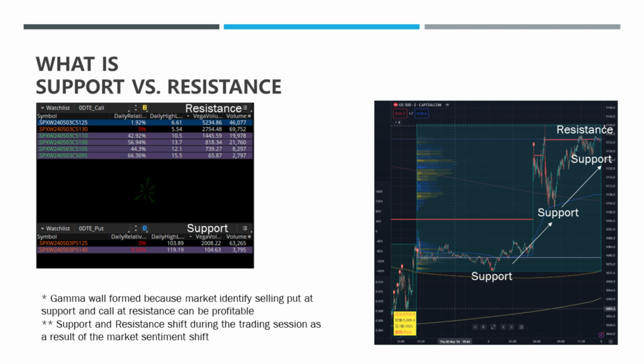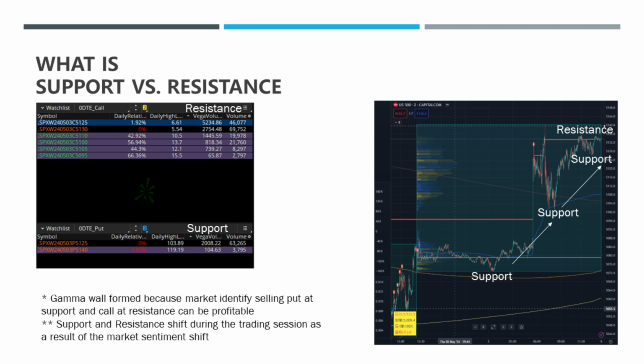Essentially, I just look at which one has a higher volume traded, and filter based on the volume traded to see where the potential support and resistance areas are, and I use those to help me identify the trading opportunities.